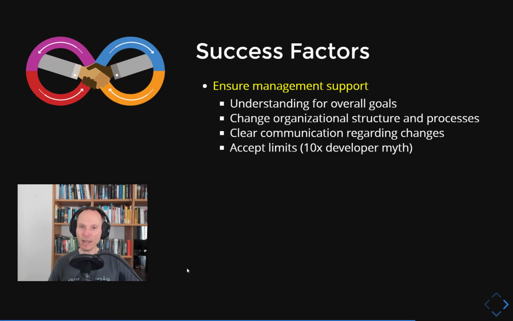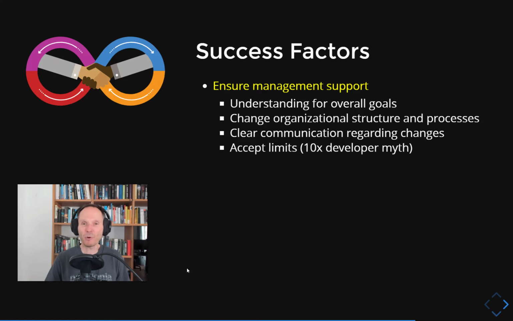Organizations have to have a certain amount of management support, I would say good and solid management support. Management needs to understand the overall goals of DevOps, of DevSecOps, of autonomous teams, of cloud computing. They need to stand behind the changes in the organizational structure, in the communication structure and things like that. And they also have to accept limits.